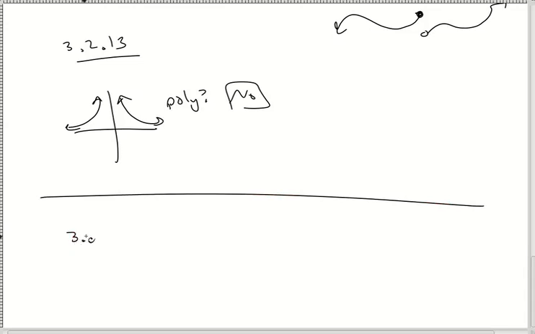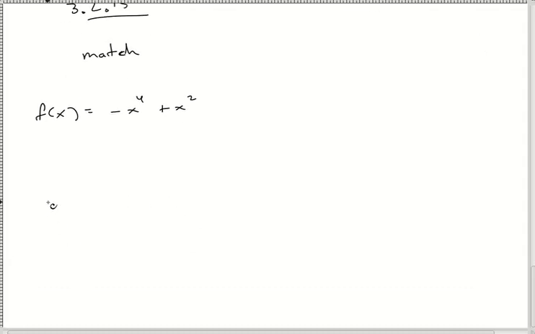New topic, 3, 2, 15. That's a pretty interesting thing. They want you to match the function with the graph. And what I've done in my notes is simply just give you the answers. What I'm going to do is write out all 4 of these, and then I'm going to draw the pictures, and then we're going to talk about it.